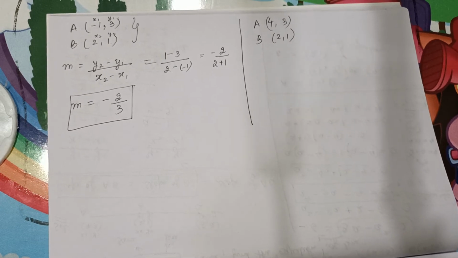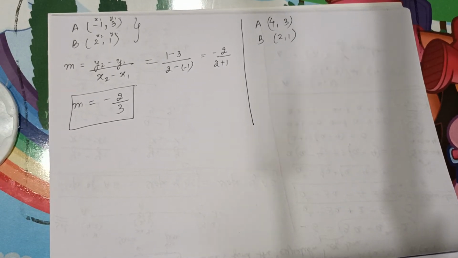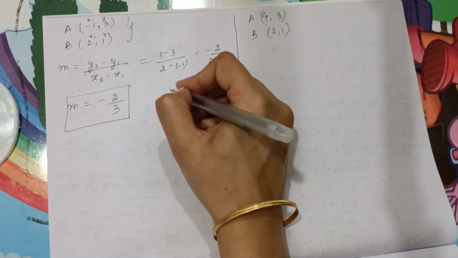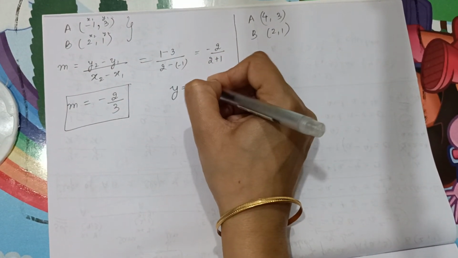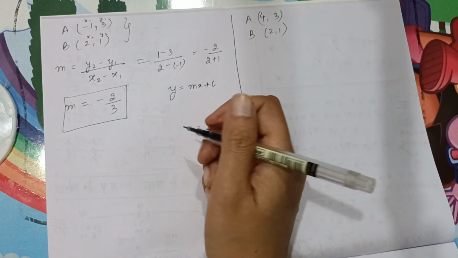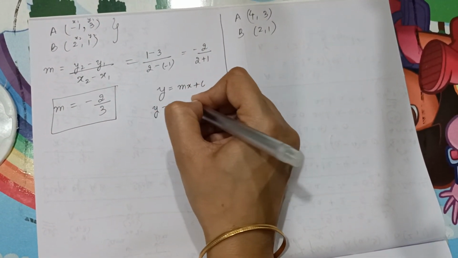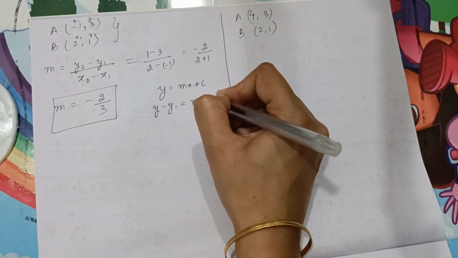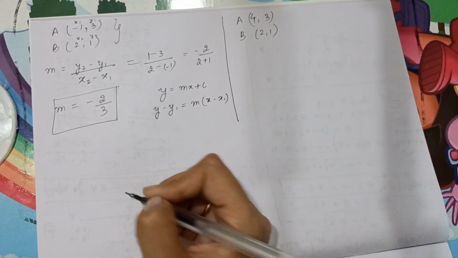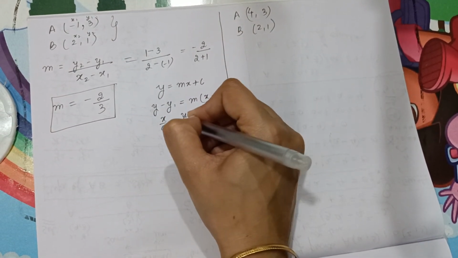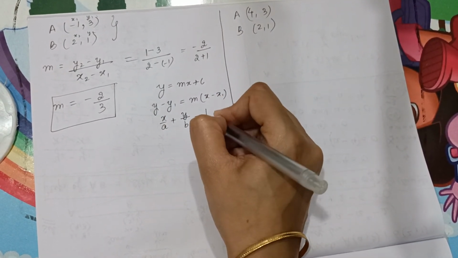Now I have told you three forms of equations of line. The first one is y equals mx plus c. The second form of equation of line is y minus y1 equals m into x minus x1. And the third is x upon a plus y upon b equals 1.